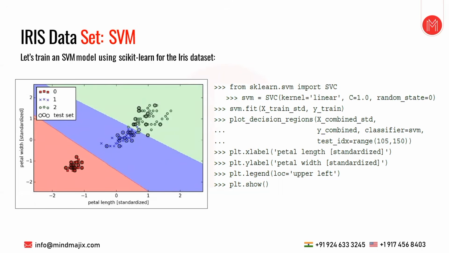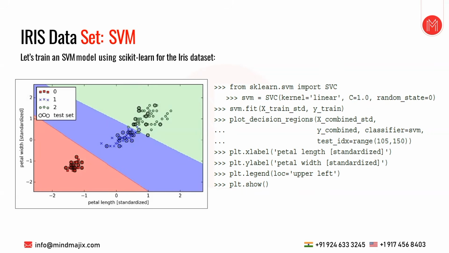But for a linear case, we use the linear kernel. After applying linear classification with the linear kernel, we fit X train and Y train together, find the decision boundary, take the X label and Y label, and then show everything together. That's how we get SVM with the iris dataset.